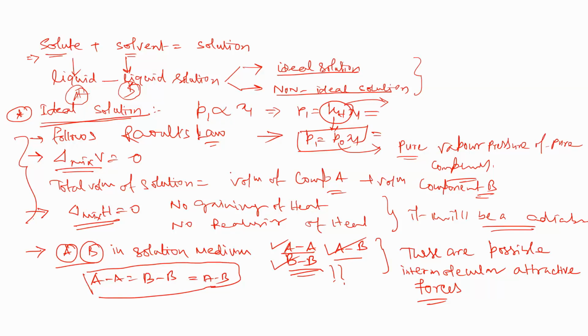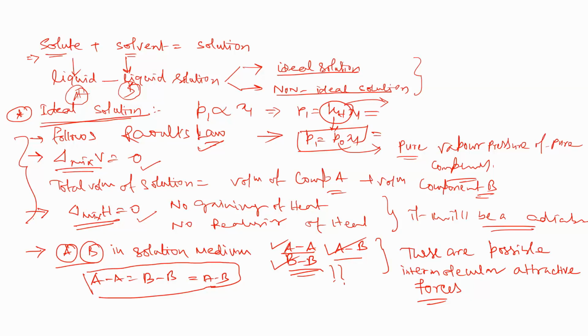For the ideal solution, it follows Raoult's law, delta mixing volume will be 0, delta mixing H will be 0. So there is no change of volume, no change of enthalpy, and there are three possibilities of intermolecular attractive force, AA, BB, and AB, and these three will be equal for the ideal solution.